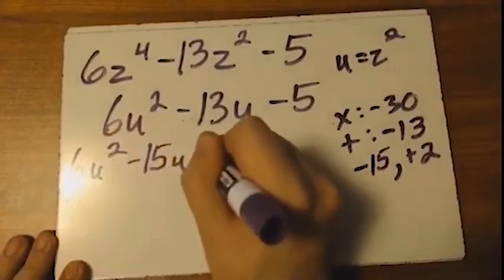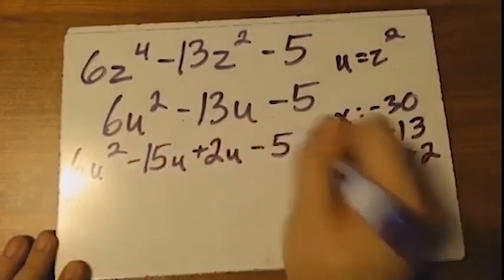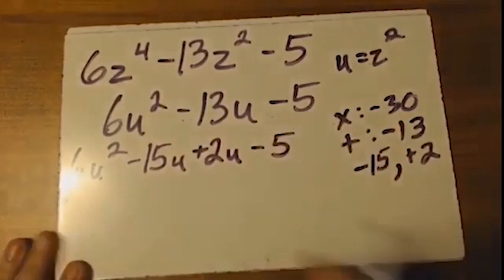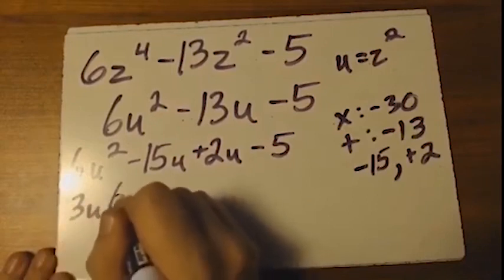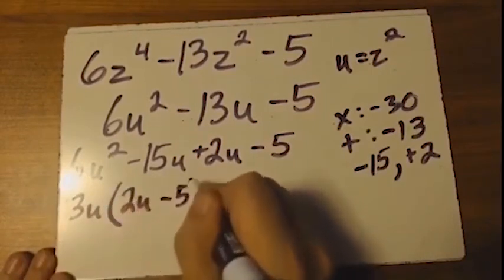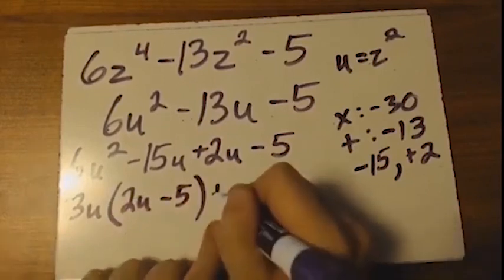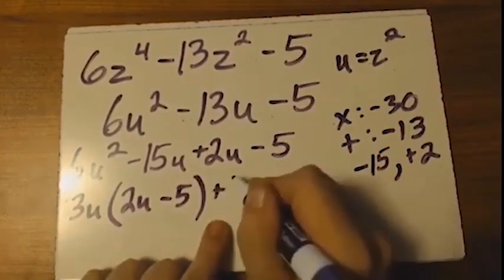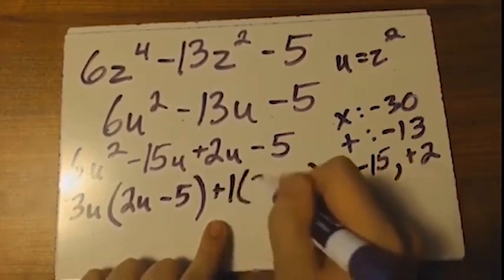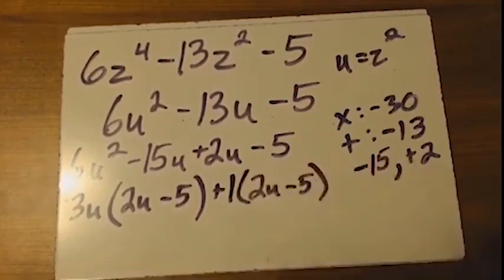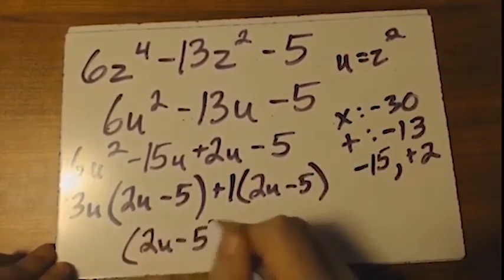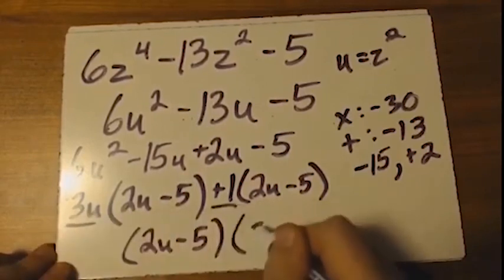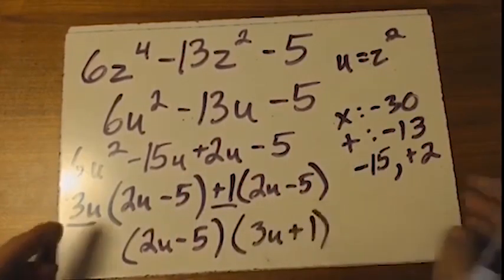Negative 15u plus 2u minus 5. First two terms we can factor out 3u. We're left with 2u minus 5. Here we're going to factor out just positive 1, because we already have the 2u minus 5. 2u minus 5 is in common. We're left with the 3u plus 1.